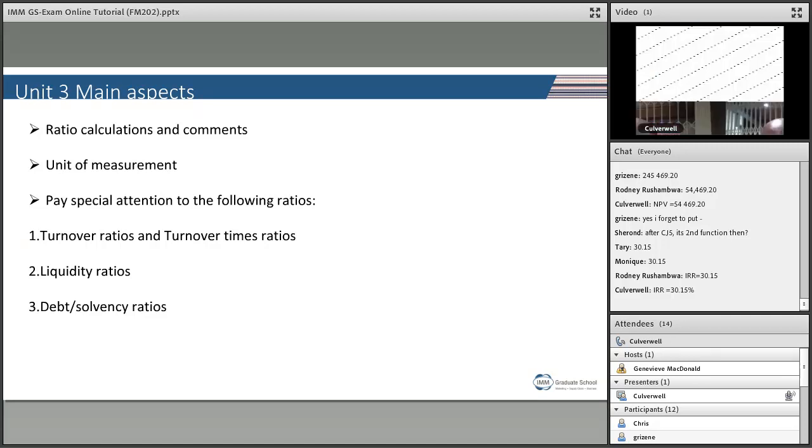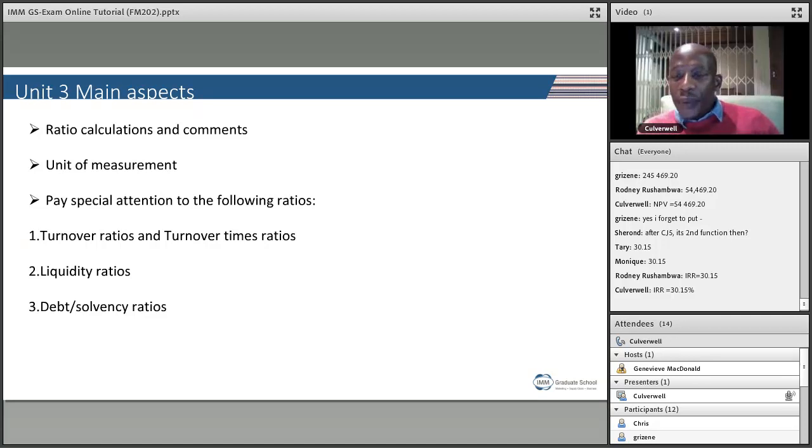Of importance is for you to know, when you are preparing an income statement with balance sheet, what constitutes gross profit, just for argument's sake. You calculate gross profit by saying sales less cost of sales, that will give you gross profit. So when you are explaining why this ratio has improved or in actual fact has become worse, it is the components that make your numerator or the components that make your denominator.